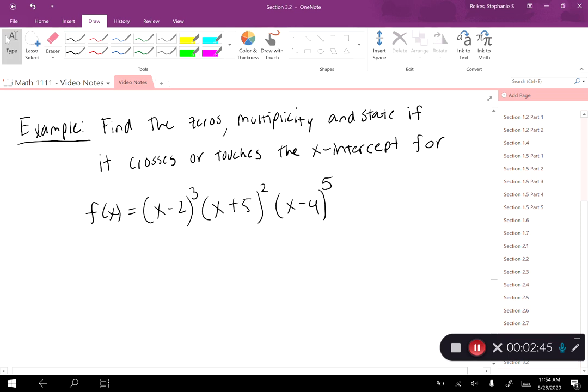Find the zeros, multiplicity, and state if it crosses or touches the x-intercept for the following polynomial. F of x is equal to x minus 2 cubed times x plus 5 squared times x minus 4 to the 5th. So first, let's find the zeros.